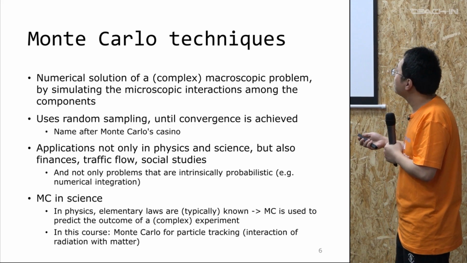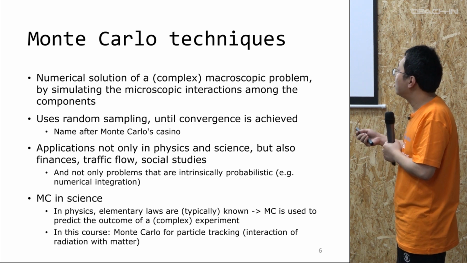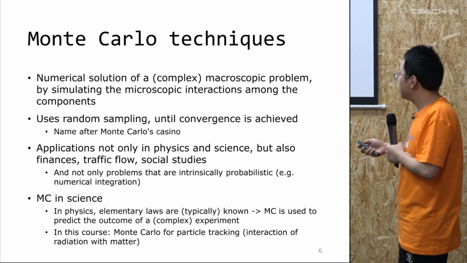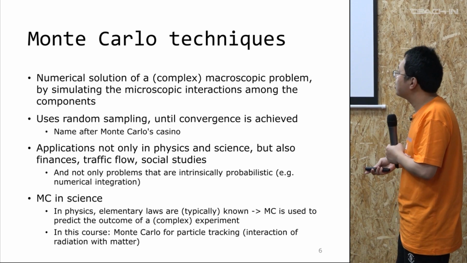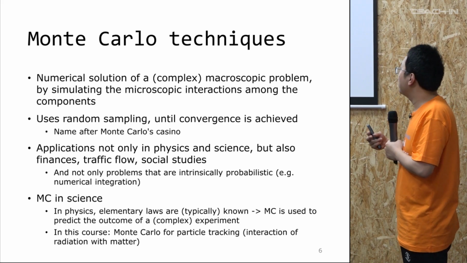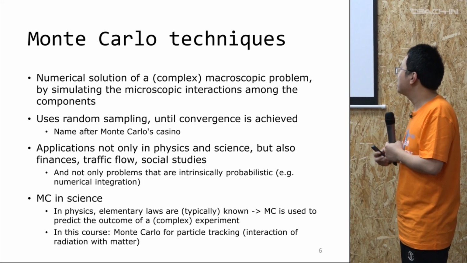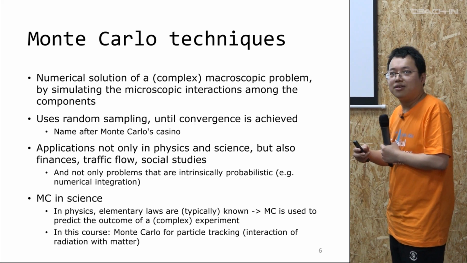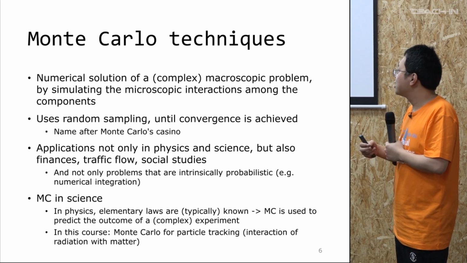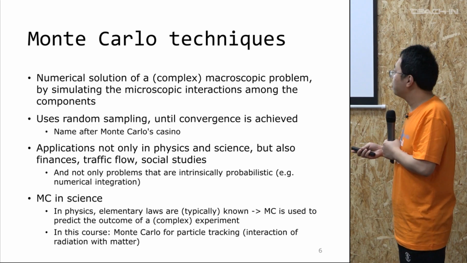The application is not only in physics and science, but also in a lot of areas. For us, Monte Carlo is very important because it helps us to understand, for example, the detector in the experiment, and study things like the systematic errors.